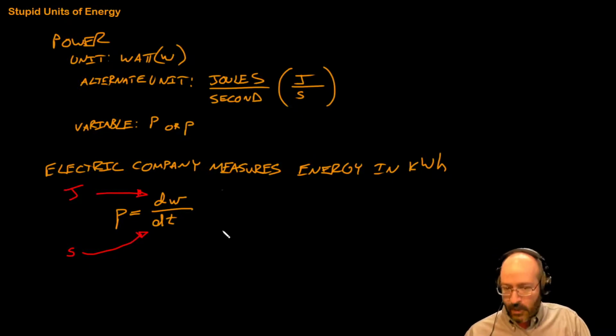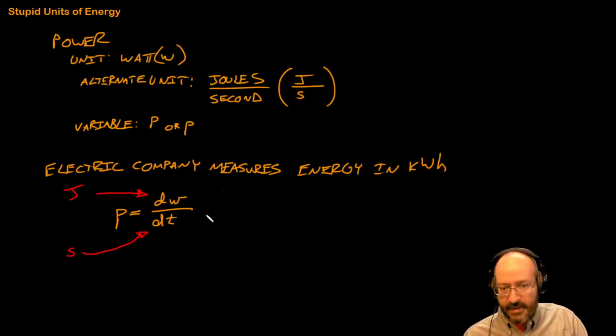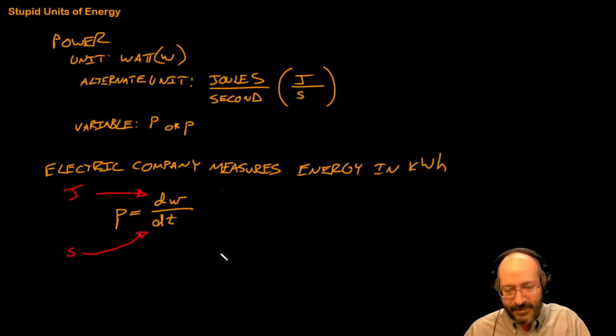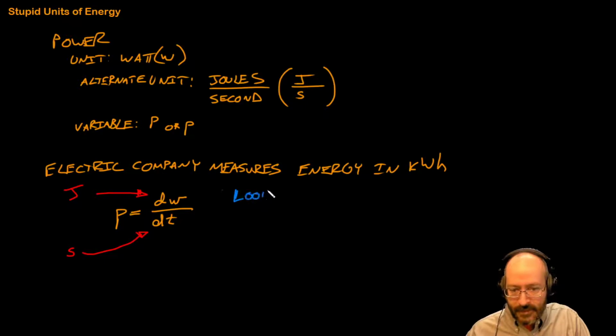But if we take power and we multiply it by hours, then it's not quite going to cancel the way we want it to. There's this extra factor that we have to deal with. So let's look at the units for this type of thing.